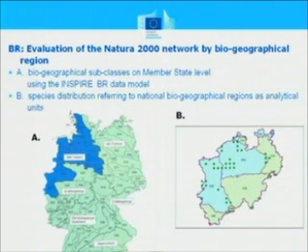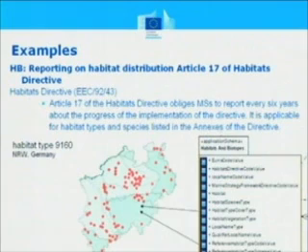And thus we can provide, for example, distribution data referring to such national biogeographical regions using the same data model that we created also to provide data on the reporting obligations.